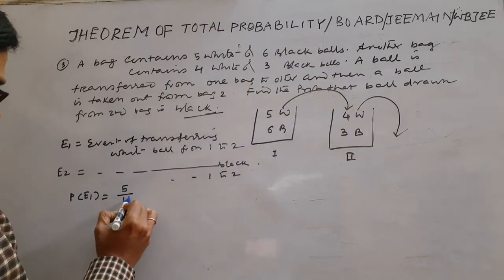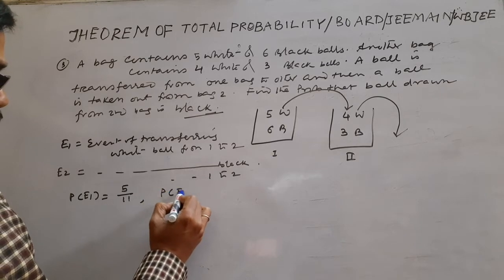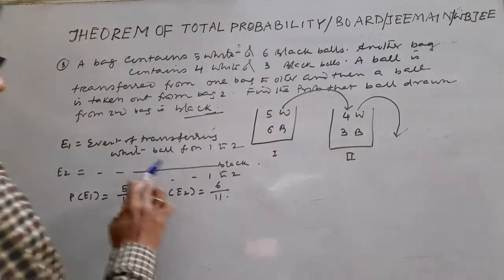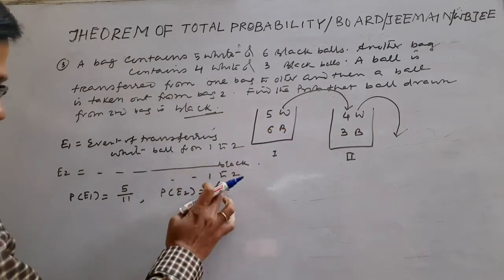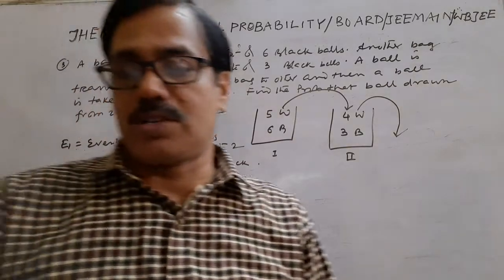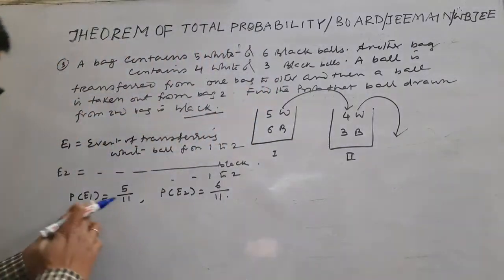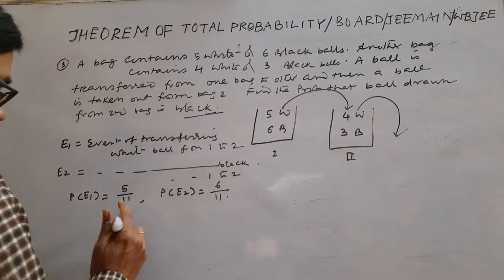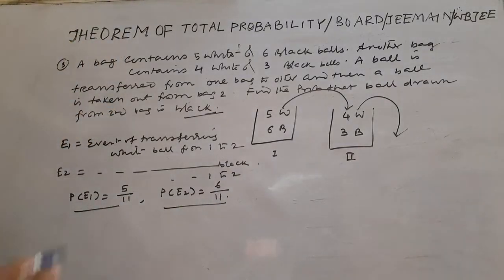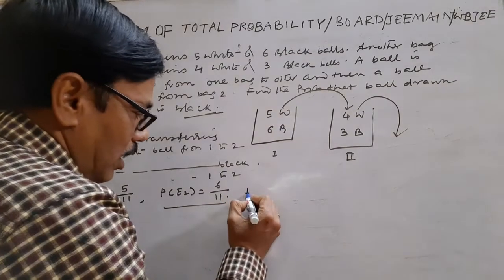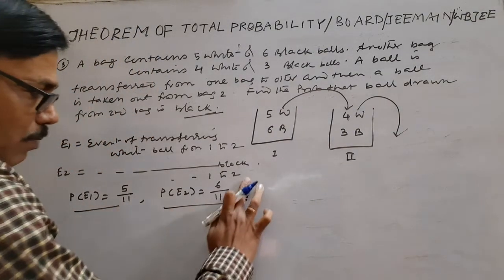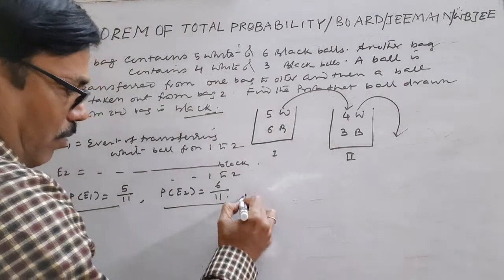So 5 by 11. PE2, this is 6 by 11. How many black balls? 6. You have to select one. 6C1 by 11C1. So what is our first observation? Sum of these two must be 1. Yes, this is verified. Up to this step, if it is board problem, half marks.